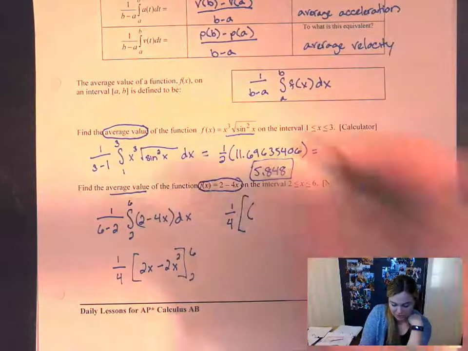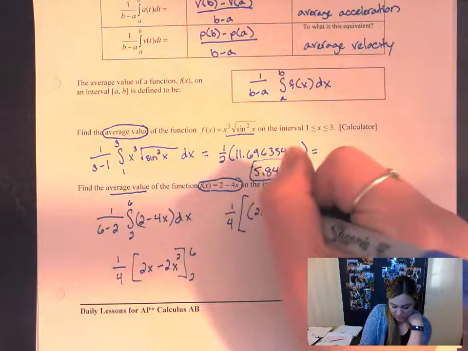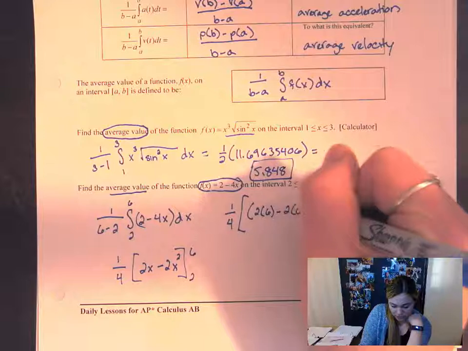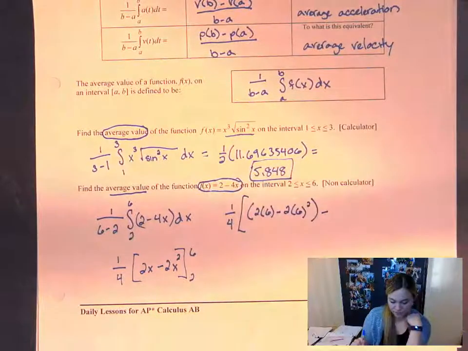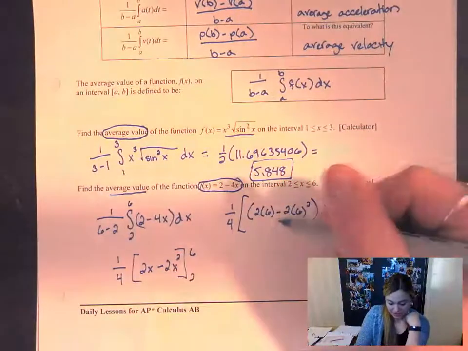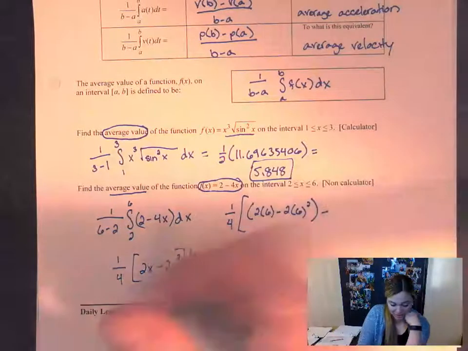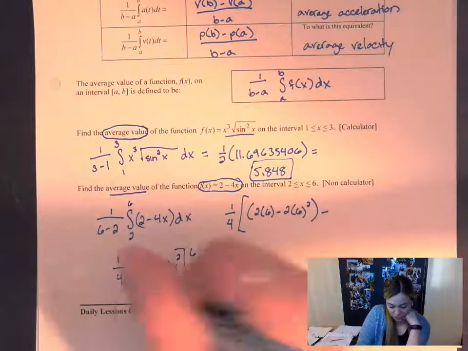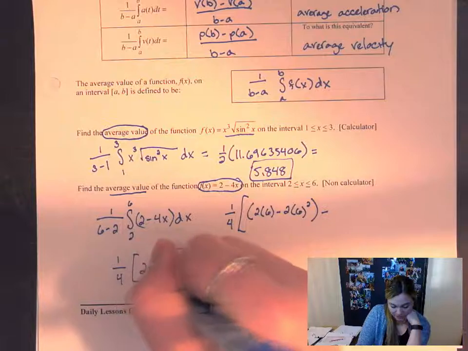So if I substitute in 6, I would get 2 times 6 minus 2 times 6 squared, minus, this is like the f of b minus f of a, or in this case, f of 6 minus f of 2. This is what I'm doing right now, by the way.